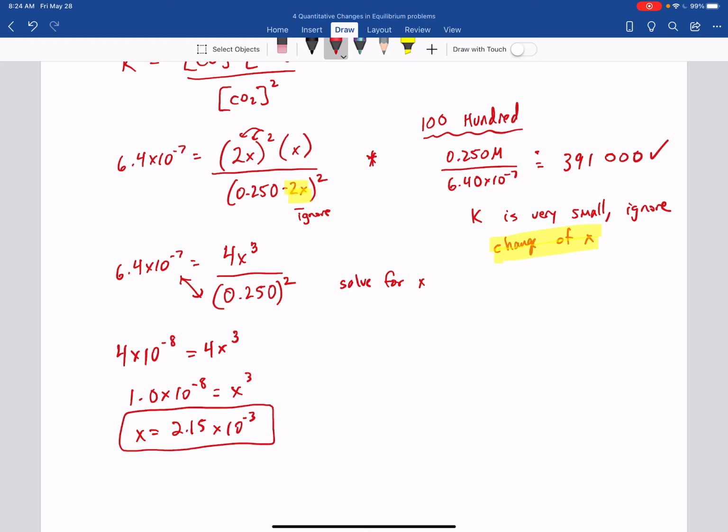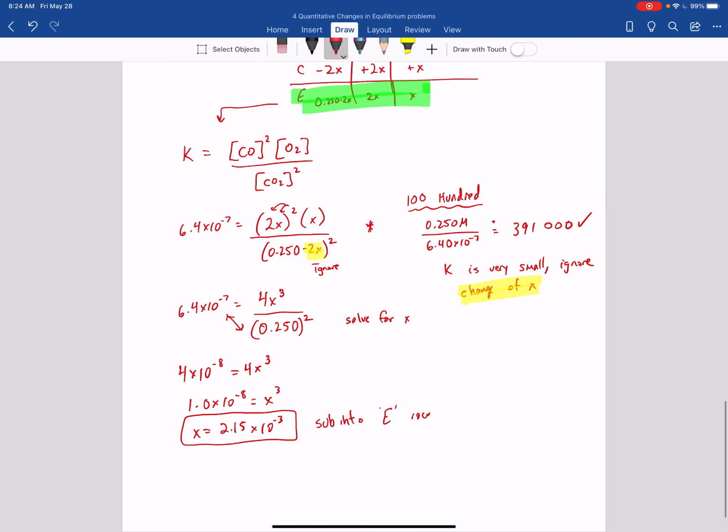Right, so now that we have x itself, it's very simple. We just plug it back in, which is at the top here, and we can figure out what all the concentrations are. So I'll just put that here. I'll say, therefore, the concentration of CO2 is equal to 0.25 minus 2x, 0.25 minus 2 times 2.15 times 10 to the negative 3.